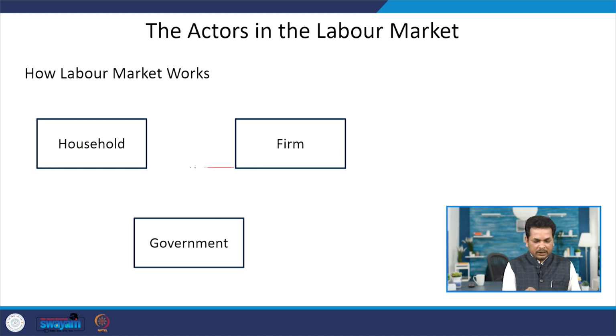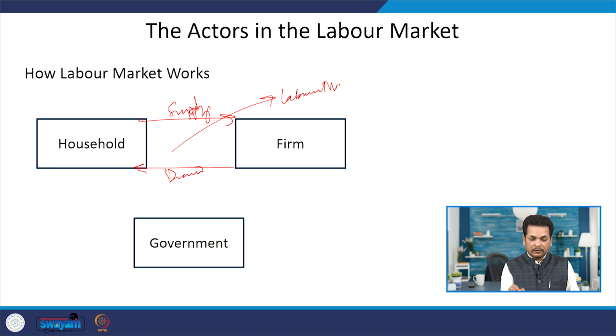The farm demands certain labor services, and the household supplies these labor services, and the outcomes are in the form of wage and total number of employment.